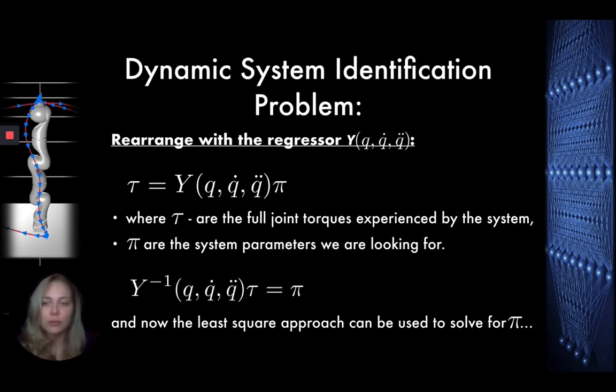So now, if we rearrange the rigid body dynamic equation with the regressor Y, tau is still the full joint torques as experienced and measured by the system, and pi now are the inertial parameters, the system parameters that we are looking for. We could just use a least squares approach to solve it, and it would work for a single state.